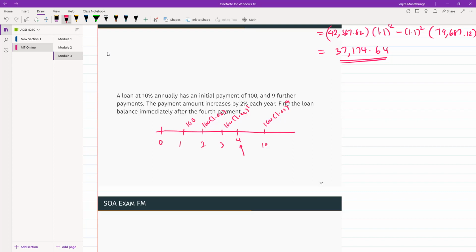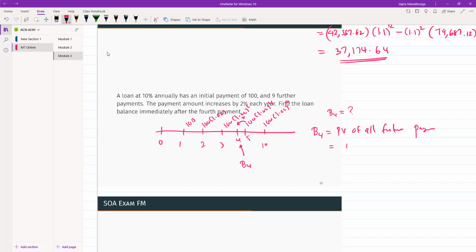So here I want to calculate B4. Let's use the prospective method, since we used retrospective in the earlier problem. So how do I get B4? In theory, this is the present value of all future payments. I know the next payment. What's the next payment? The next payment is going to be 100 times 1.02 to the 4. But I have to bring it back to time 4, so I multiply by v.